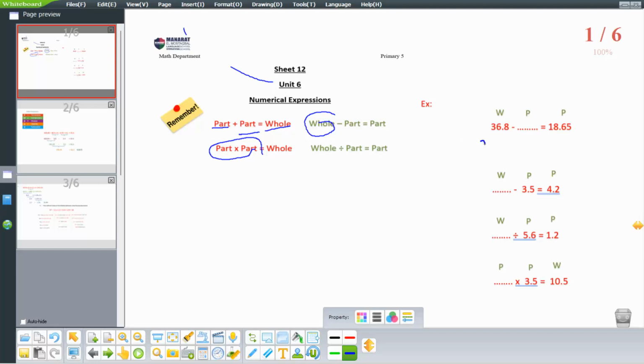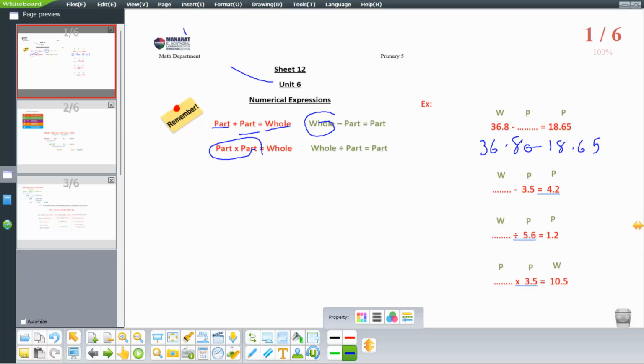So we are going to subtract 36.8 minus 18.65. Here we have two decimal places and here we have one, so we are going to add 0. 0 minus 5 doesn't go.